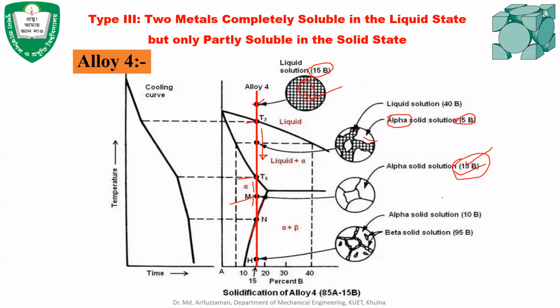That element B will combine with some of the atoms of A, and they will produce beta solid solution, mostly at the grain boundaries.